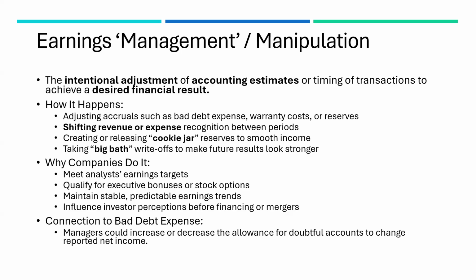No one's getting their bonus anyway, right? And so they'll take what's called the big bath and wipe away all the previous little adjustments that they made, and earnings will decrease even more than they should have. And then in the recovery year, they can show an even stronger recovery.